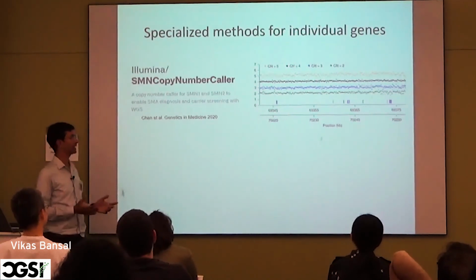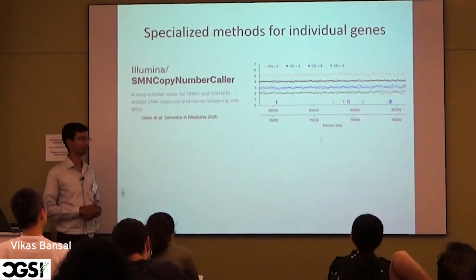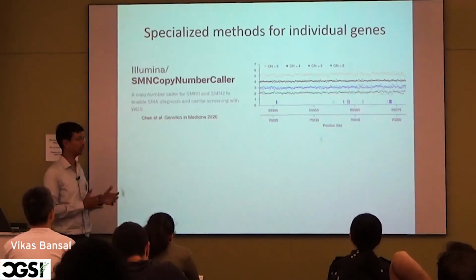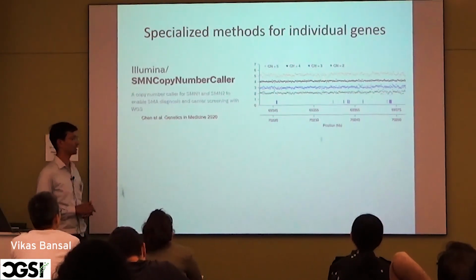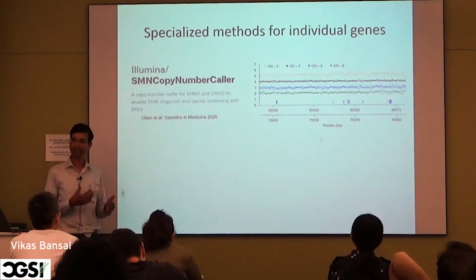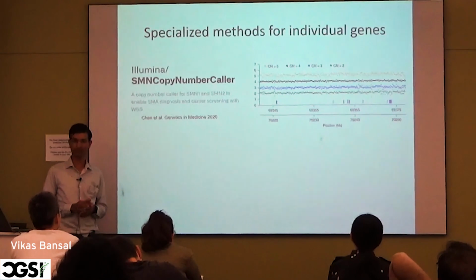The key idea behind this method is that since the two genes are identical, we can collapse the reads mapped to the two genes together, consider the read counts for the two genes together, and estimate the aggregate copy number for SMN1 plus SMN2.